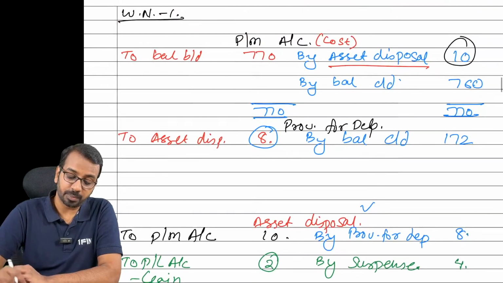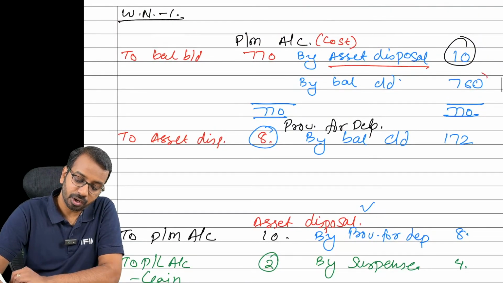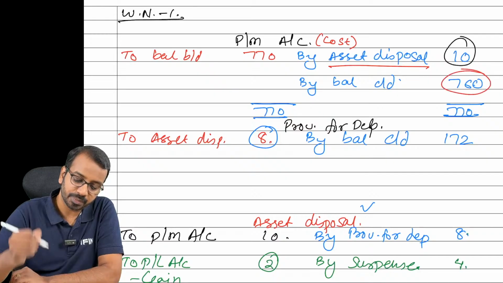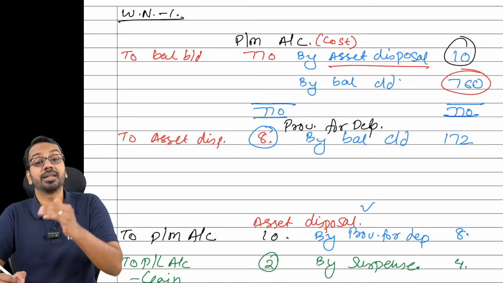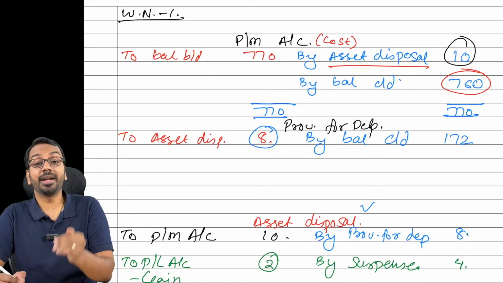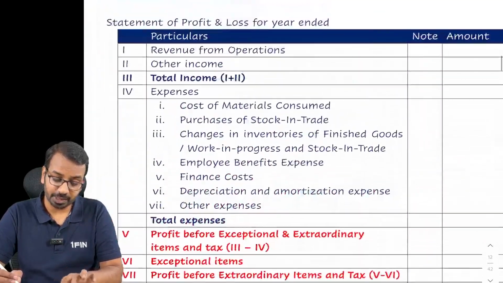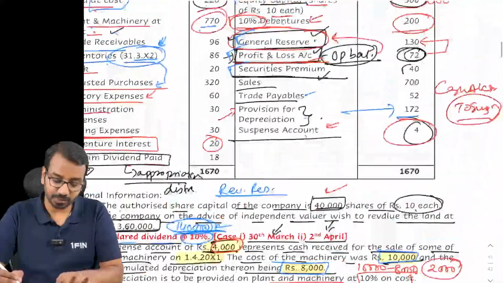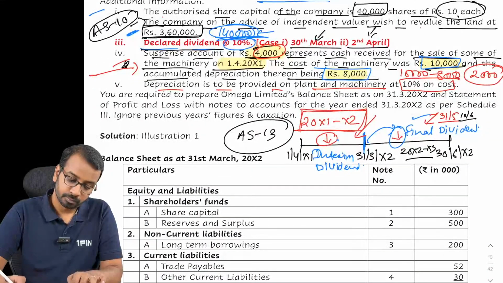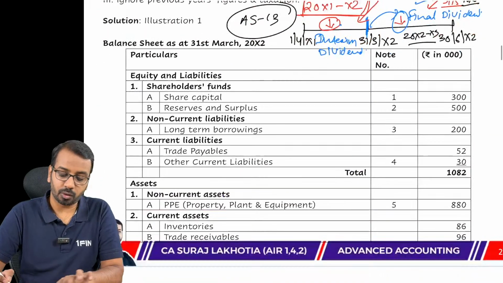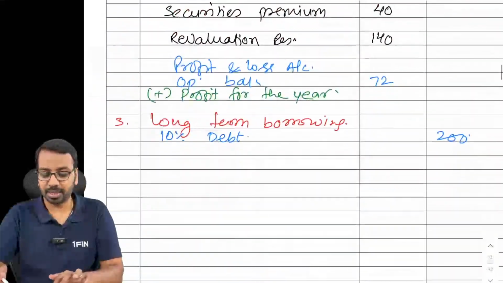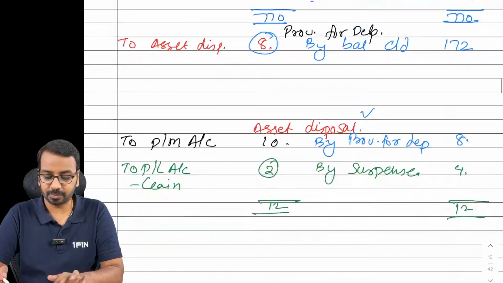Now coming to provision for depreciation, they have told that on the closing balance of 760, that is at the cost basis, we have to provide 10% depreciation. We have to provide how much? 10% on cost. So 760 into 10% is how much? 76.